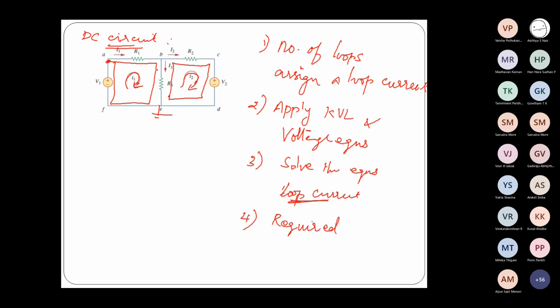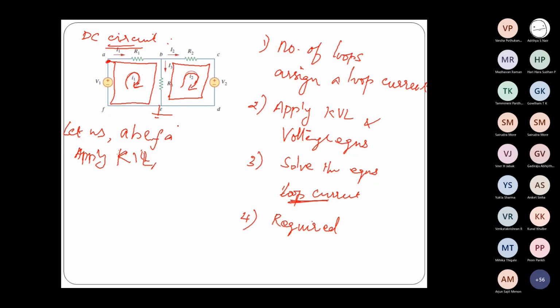Now we are going to apply KVL for each of the loops and write the voltage equation. Let us consider the first loop A, B, E, F, A and apply KVL for this loop. What is KVL?